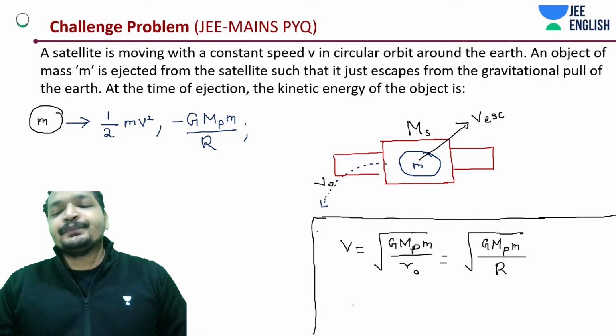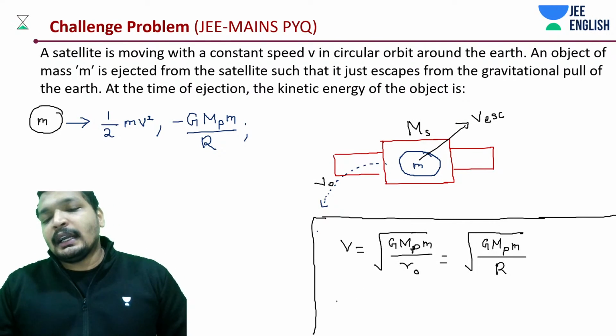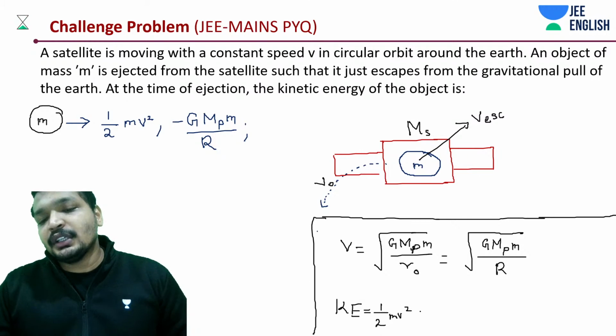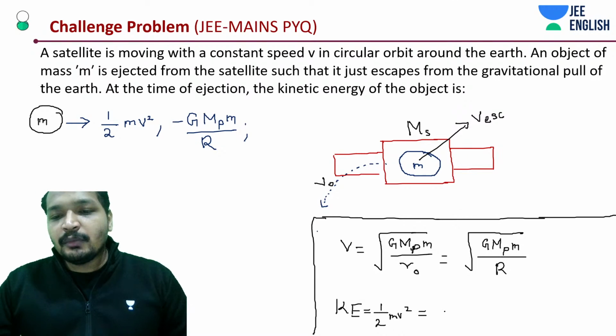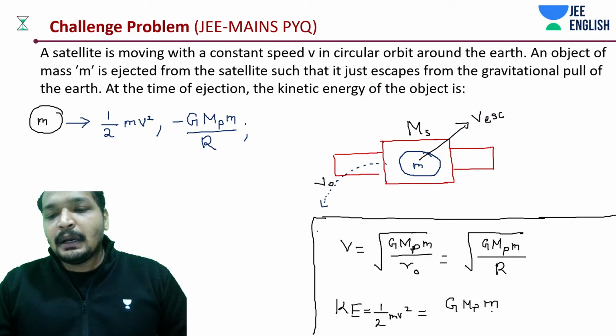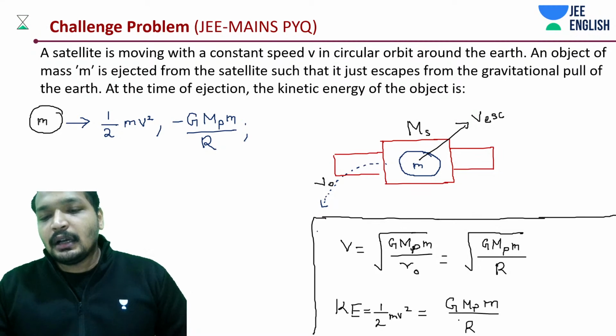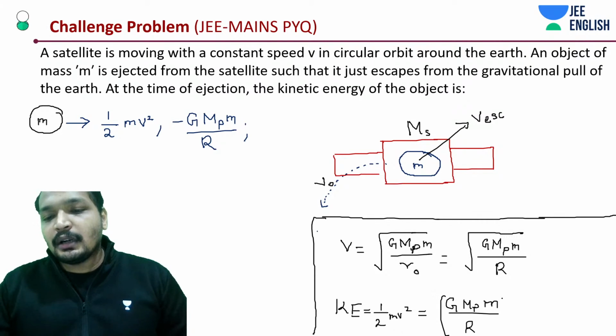And what is your kinetic energy in this case? Half mv square. You know this thing. We are just going to carry forward this equation, and this is going to give you GMm divided by r to the power 1 by 2.